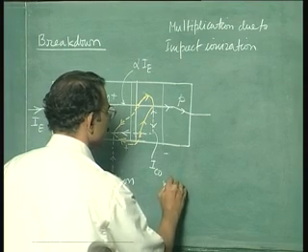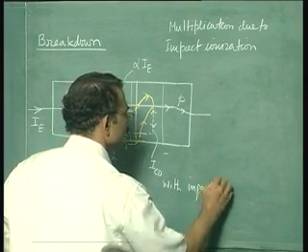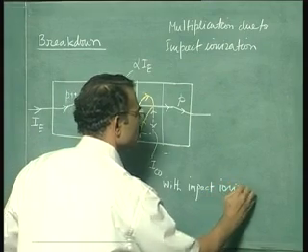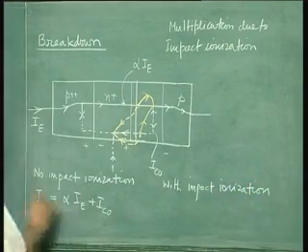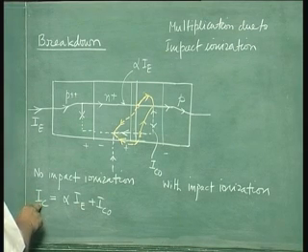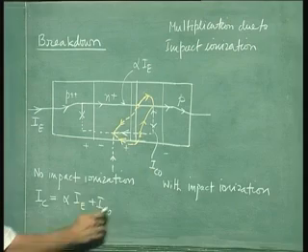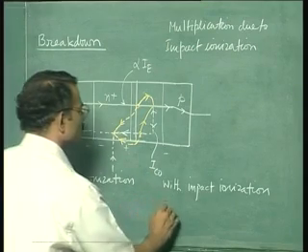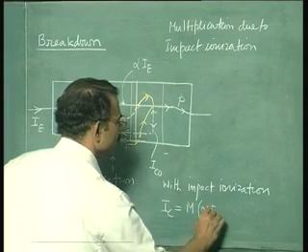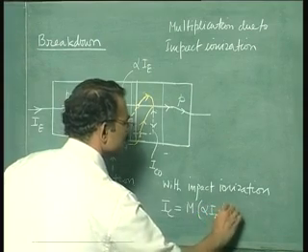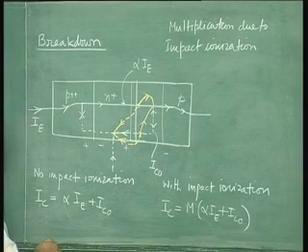So with impact ionization, we can simply write the equation as IC equal to this quantity multiplied by M. So IC is equal to M into alpha IE plus IC naught, where M is the multiplication factor due to impact ionization.